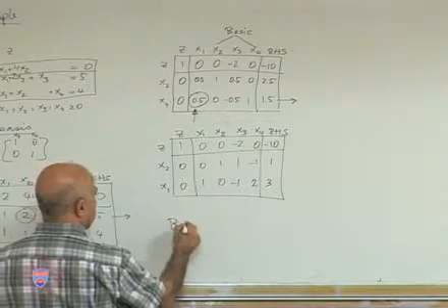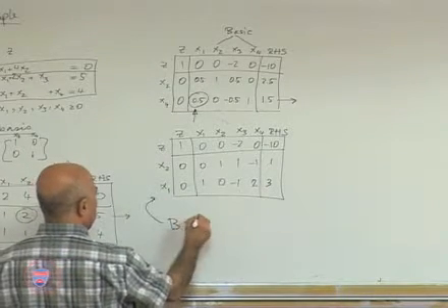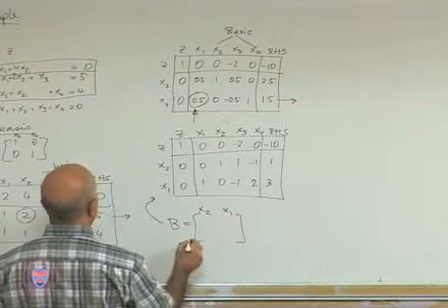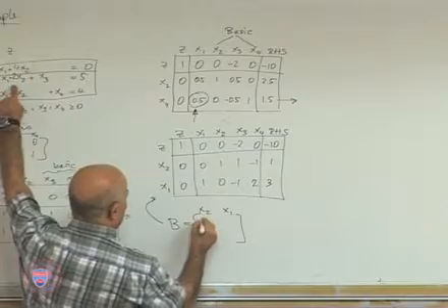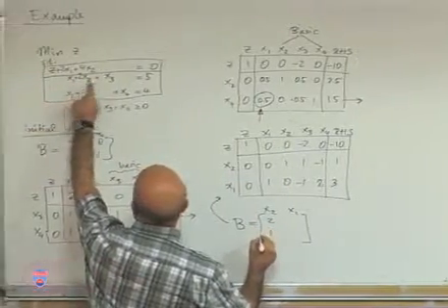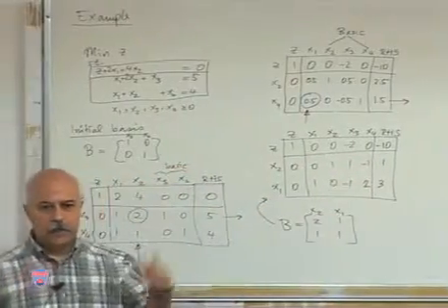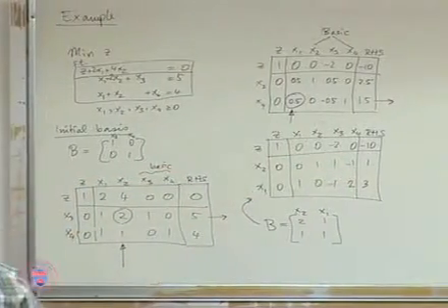And the basis corresponding to this one is, of course, the columns associated with x2 and x1. The x2 column is 2, 1. The x1 column is 1, 1. And the information in the tableau is, again, B inverse times the entire original A matrix. Okay?